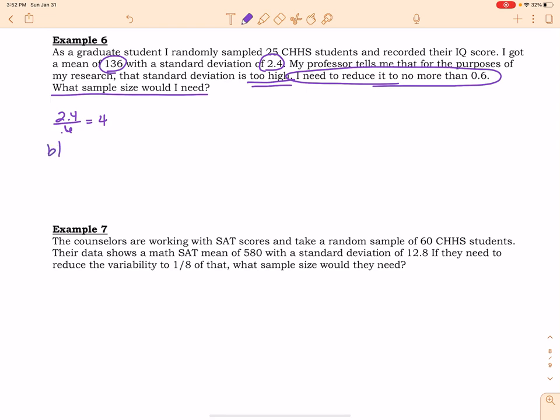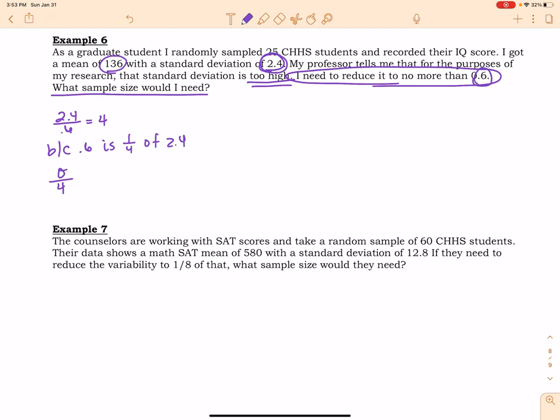So because 0.6 is 1/4 of 2.4, all I have to do is make that sample size 16 times bigger. Remember, my sample size, if I want the standard deviation to be 1/4 of what it was initially, and I do, it is 2.4, I want it to be 0.6.